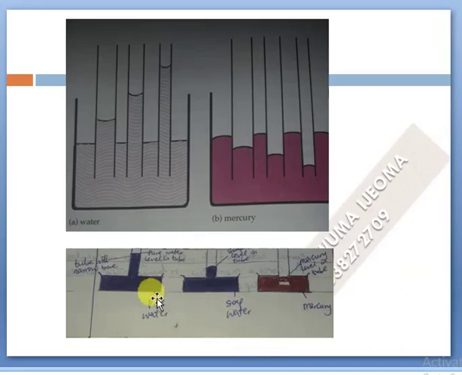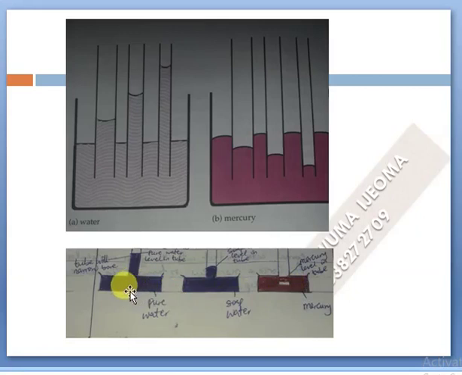Now look at this. Here I have three beakers, with immersed tubes of the same diameter. In the first beaker I have pure water. In the second beaker I have soap water. And in the third beaker I have what? Mercury. Now look at the level of water rise.